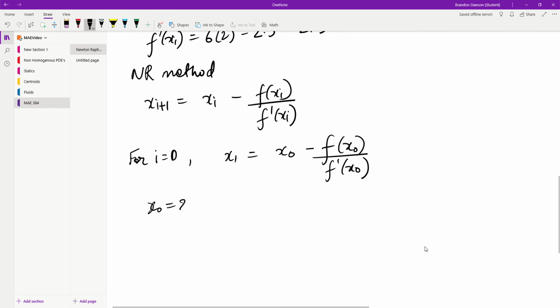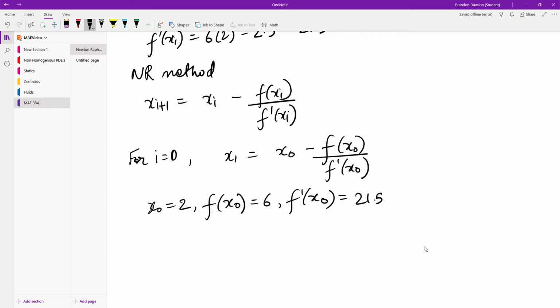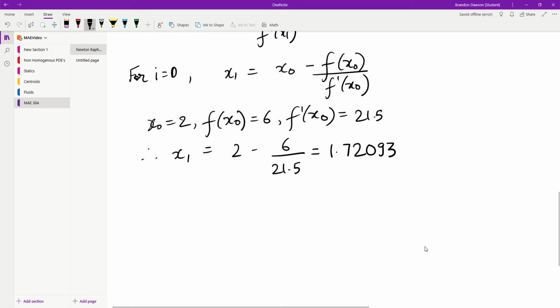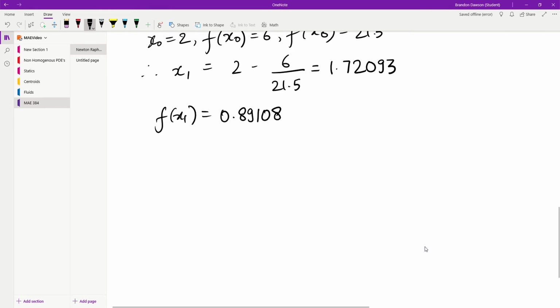We know that x0 is 2, f of x0 is 6, and f dash of x0 is 21.5. So therefore x1 will be equal to 2 minus 6 divided by 21.5, which comes to be 1.72093. And the value of f of x1 is equal to 0.89108.